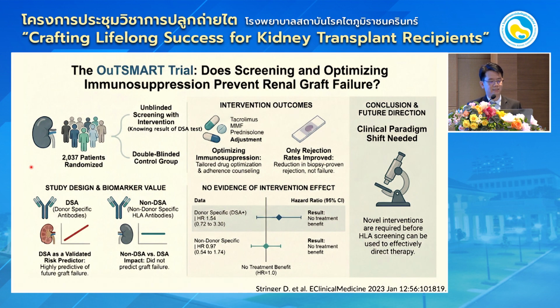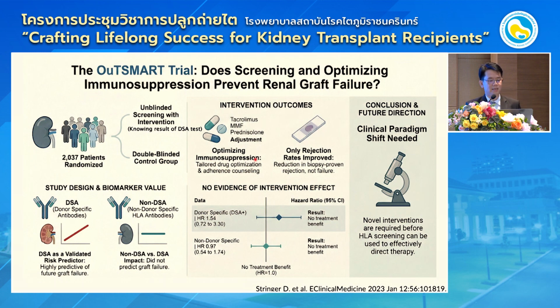Shown here is the study that Professor Sharif has talked about. This study showed monitoring of the DSA after transplantation, and they divided patients into two groups. The first group is the patients with monitored DSA, where the physician knows the result of the DSA, and then adjusts the immunosuppression, tries to manage the adherence of the patient, and tries to increase the dosage of MMF to the maximum dose.